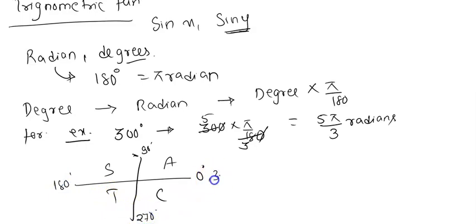This comes out to be 360. So this CAST rule basically means if any trigonometric function coming in this C form, that is either cos, cosec or cot, will always be positive in this quadrant. All are positive in this quadrant, and sine is positive in this quadrant, and tan is positive in this quadrant.